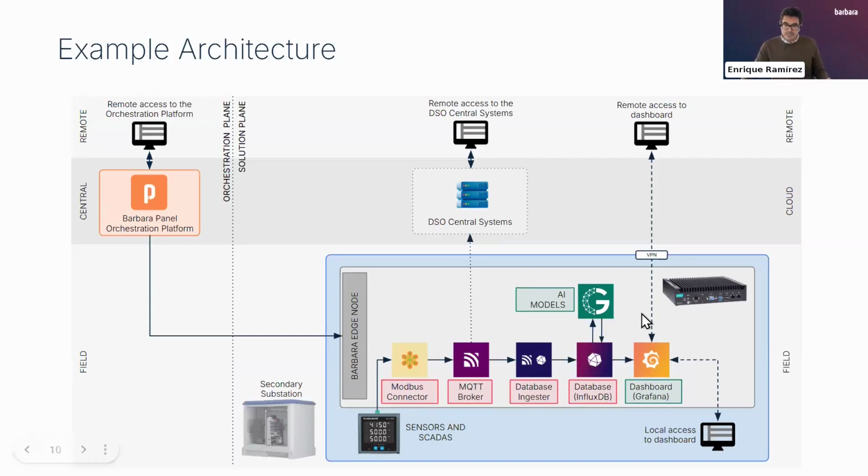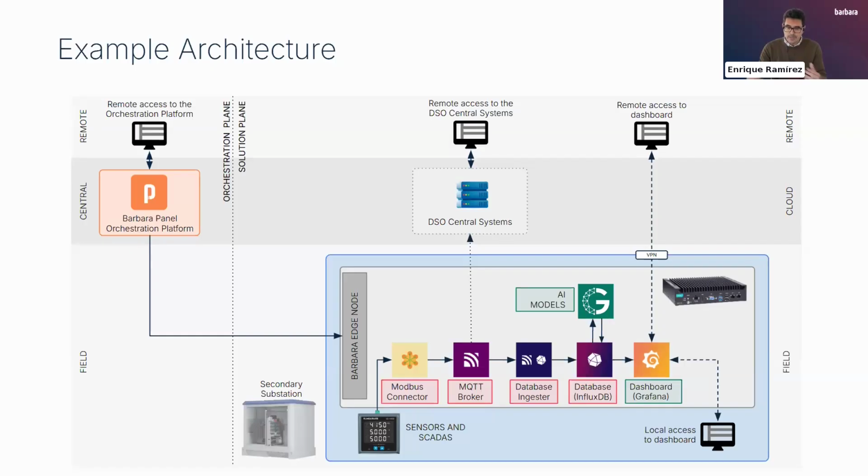What we do is put one of these devices, this is just an example, an industrial PC, in this case a Barbara Edge node, inside the secondary substation. In the example we are going to see today, we are reading a smart sensor located in the substation, so we are going to have visibility on some data: the voltage, the current, and the transformer situation.